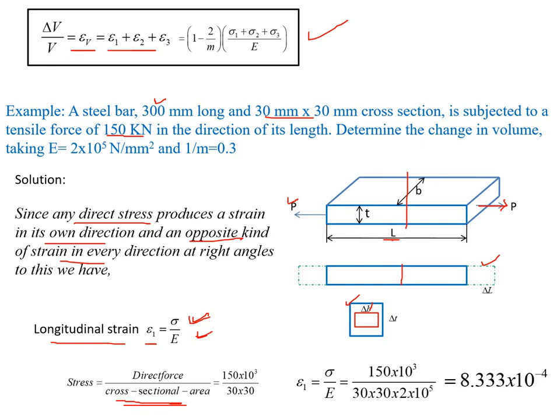The E value is already given in the data, 2 into 10 to the power 5. So we solve this, and we get the longitudinal strain, epsilon 1, equal to 8.333 into 10 to the power minus 4.